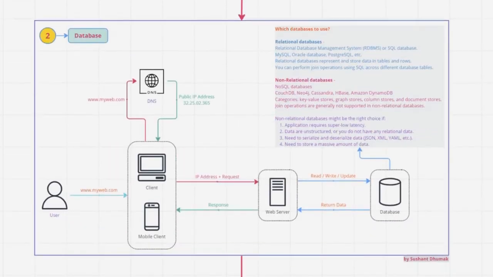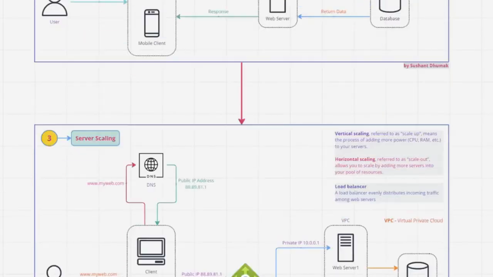Then we looked at the database and what kinds of databases there are. We separated our database component from the web server itself, so that we can scale differently. The web server can scale independently of the database, and the database can be scaled independently. We also saw the different kinds of databases, and when we should use SQL and NoSQL.